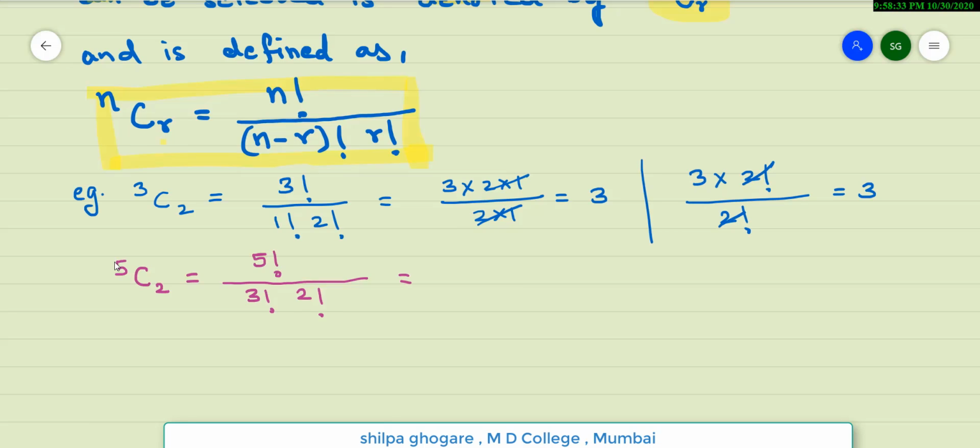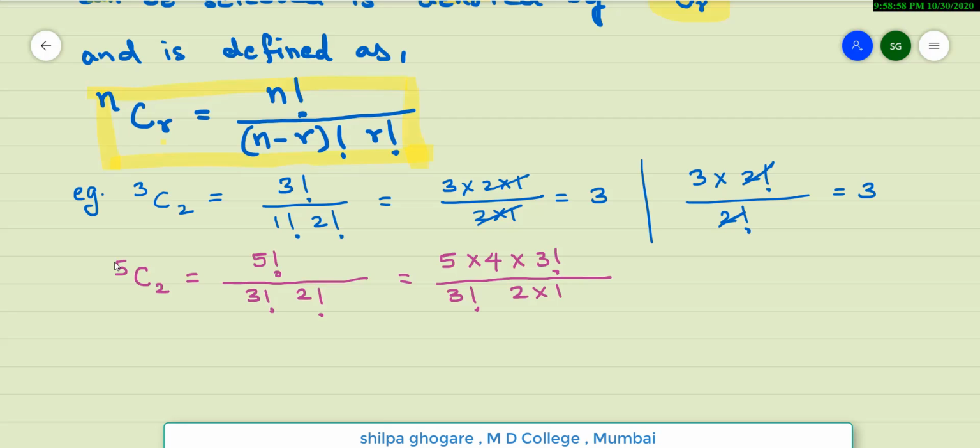Now because you have 3 factorial in the denominator, you break this 5 factorial in the numerator as 5 into 4 into 3 factorial, divided by this 3 factorial, which I keep as it is because it is going to get cancelled with the 3 factorial in the numerator, and 2 factorial is 2 into 1.